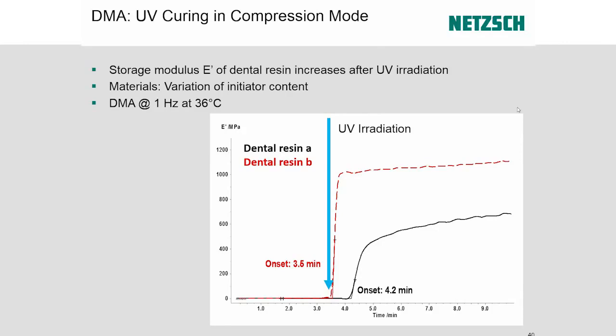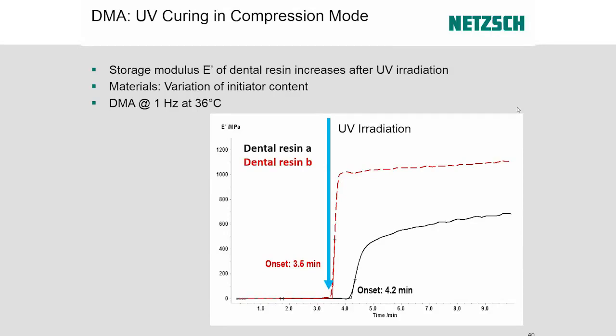We have consistent mechanical properties all the way up until that irradiation at about 3.5 minutes. Almost immediately, dental resin B started to react. It took about half a minute, nearly a minute, for the dental resin A to start to react, at least to be visible. You can also see that the end mechanical properties of these two materials were substantially different.